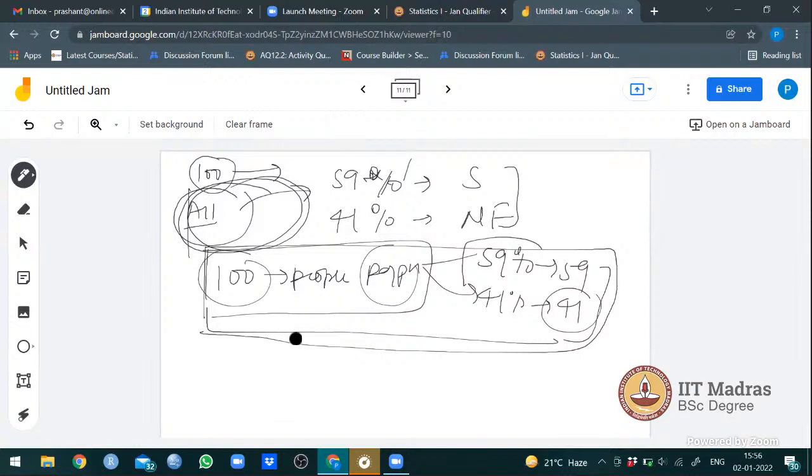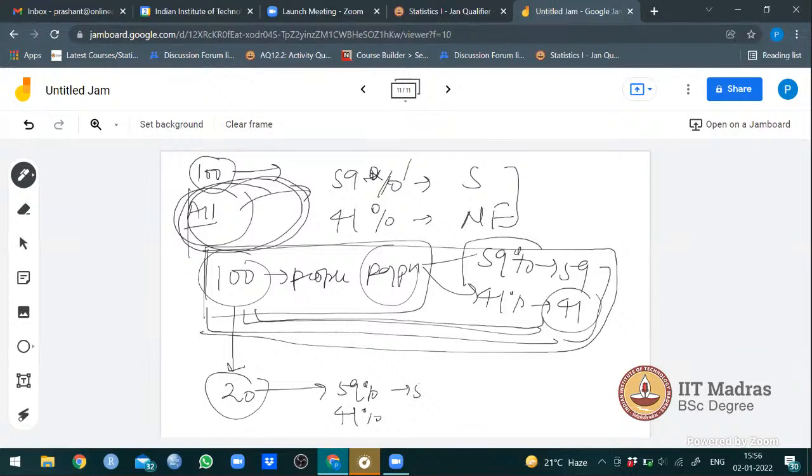If you are making the conclusion here, it will be descriptive. Suppose out of 100 people I take only 20 people, randomly, and out of 20 people 59% say it's a serious flu and 41% say it's normal.